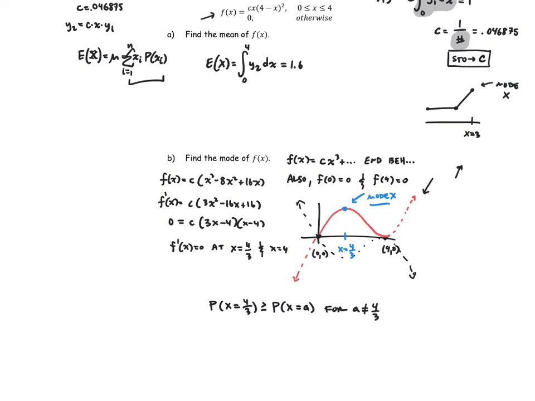Okay, now a distribution could be bimodal. What bimodal would be is that there's just two modes. All right, so if two values have the same output and those outputs are maximized, local maximums, then we could have two modes. So be careful for that.